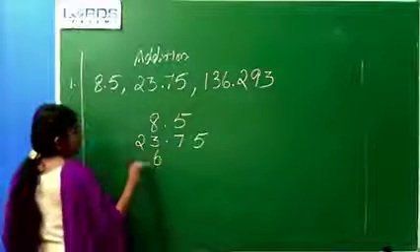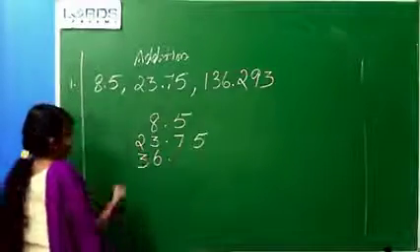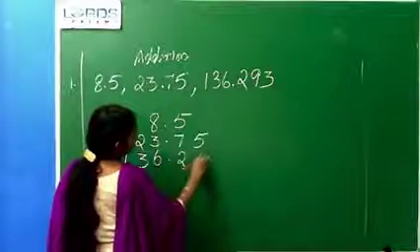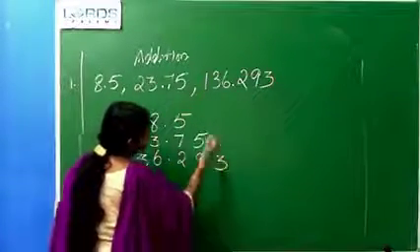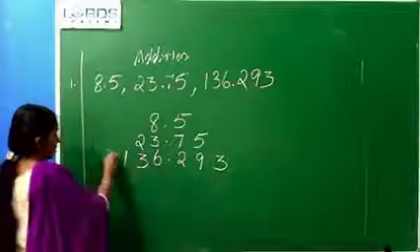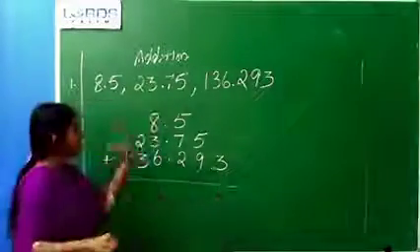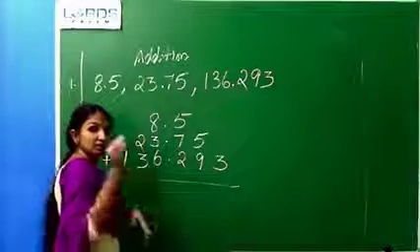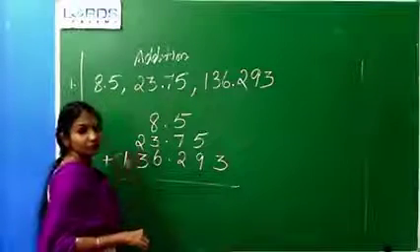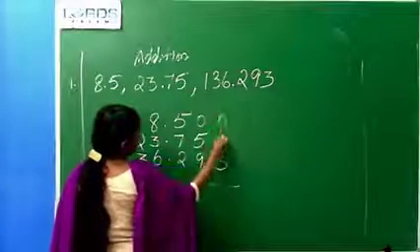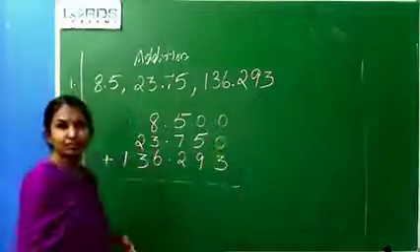Ones place, tens place, and then hundreds place. The next one is 293. We are going to add them. If it is confusing one, first you can convert into like decimal numbers by adding zeros. It's up to you.